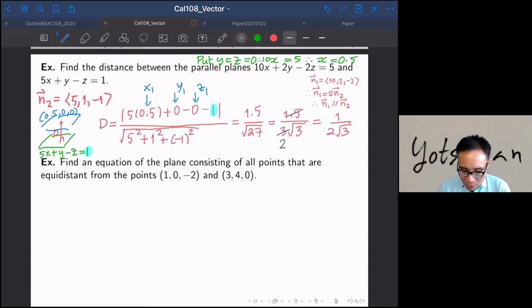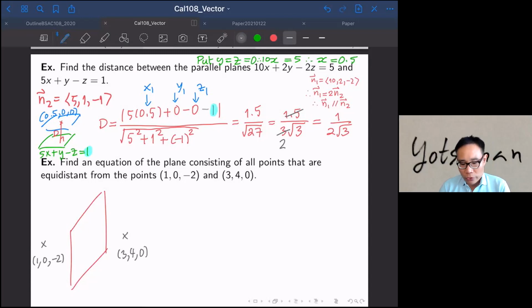The idea for this one is that you're going to have one plane in the middle, and 2 points on either side: (1, 0, -2) and here, (3, 4, 0).